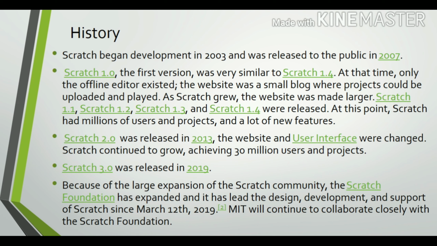So before starting more on Scratch, I feel we should know about the history. Scratch began development in 2003 and was released to the public in 2007. Currently we are working on 3.0, which was released in 2019. But before that we had versions Scratch 1.0 and the first version, which is similar to Scratch 1.4.